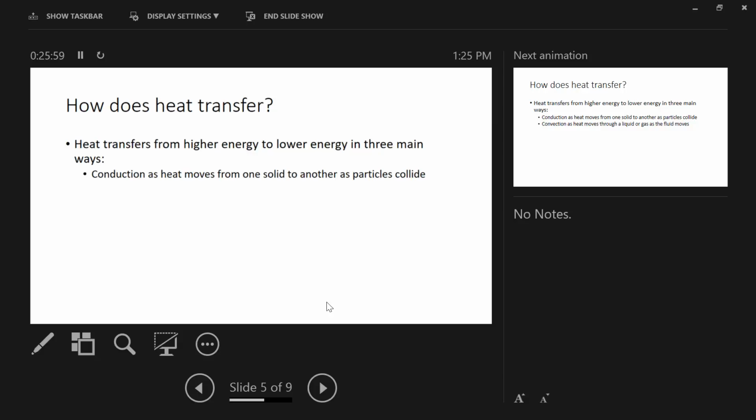That's just why it's nice to sit next to a fire, right? But if a fluid that is a gas, the air, or a liquid is not a good conductor of heat, it's probably not by conduction that it's heating up, right? And so we have another type of heat transfer called convection. And convection is heat transfer by moving fluids.